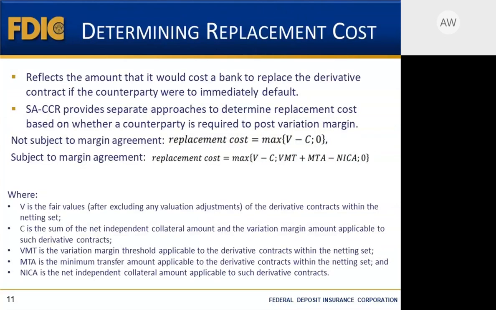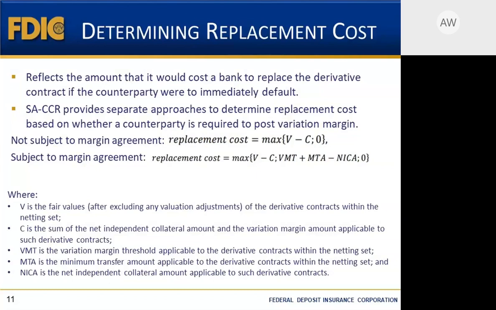Now let's look at those individual concepts that we covered in the previous slide. Replacement cost generally is the cost of replacing a given contract if the banking organization's counterparty defaults. SA-CCR provides separate formulas for replacement cost depending on whether the counterparty to a banking organization is required to post variation margin for a net asset.